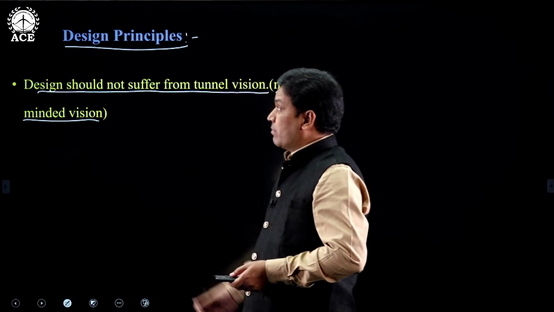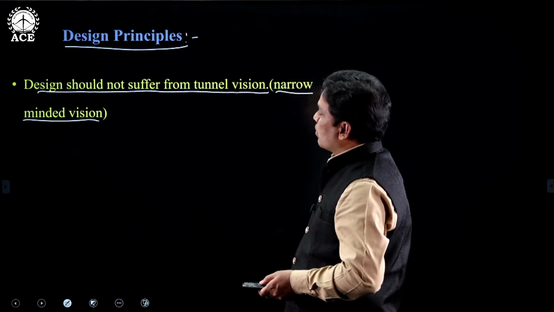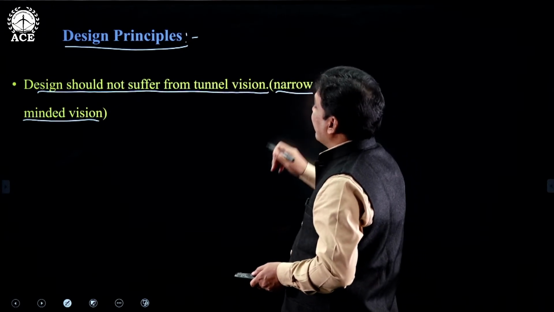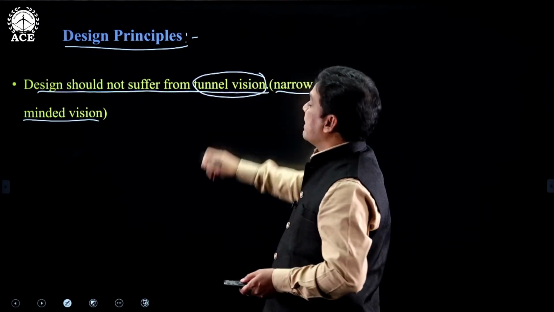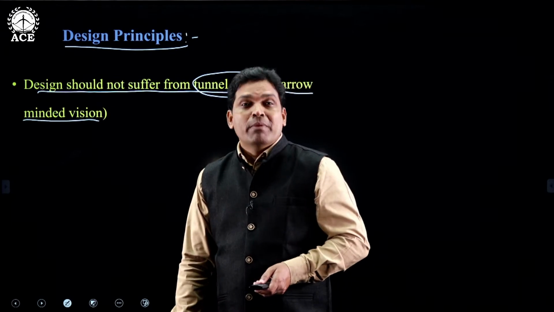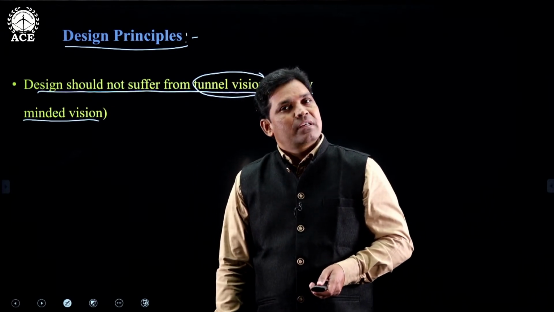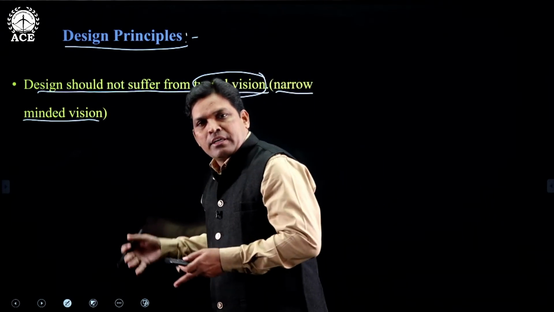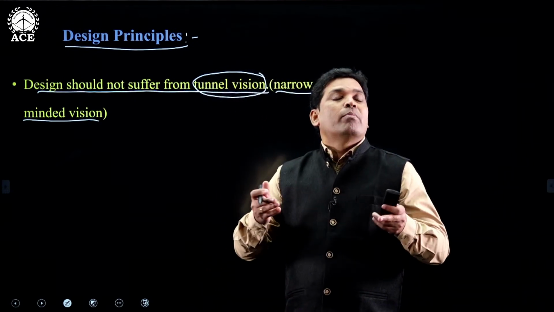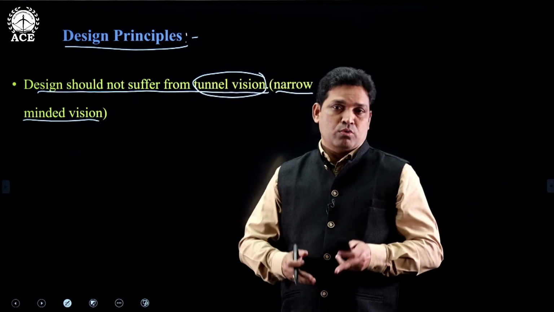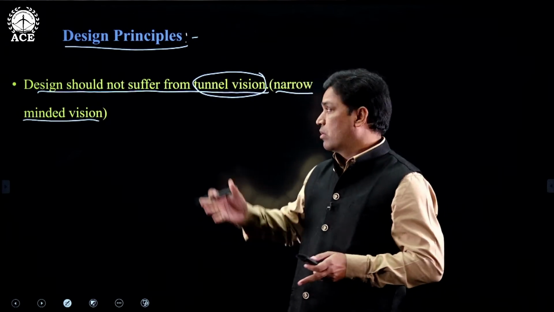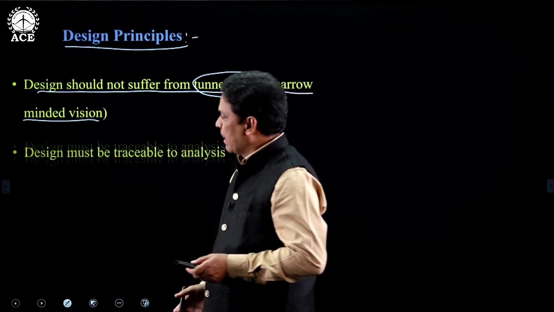That's why one of the design principles is that design should not suffer from tunnel vision. Who might have narrow-minded vision here? The designers, right? When they are preparing the blueprint for the software system, they have to think broadly. They should not think narrowly.